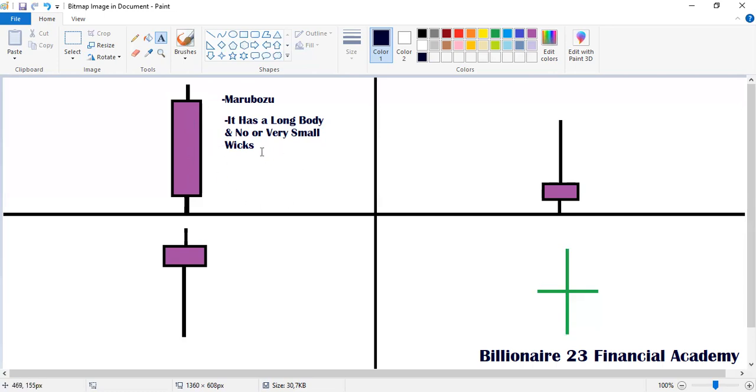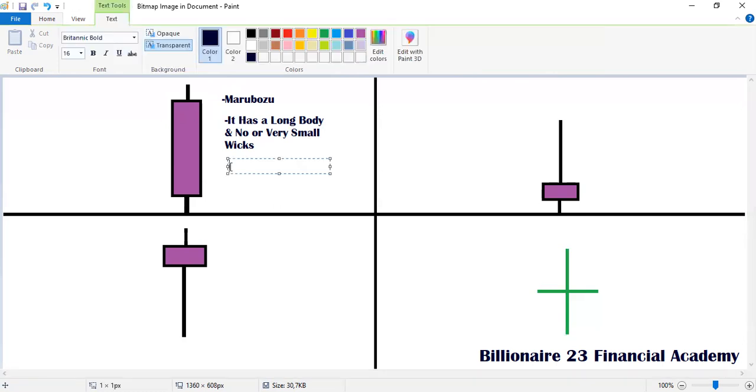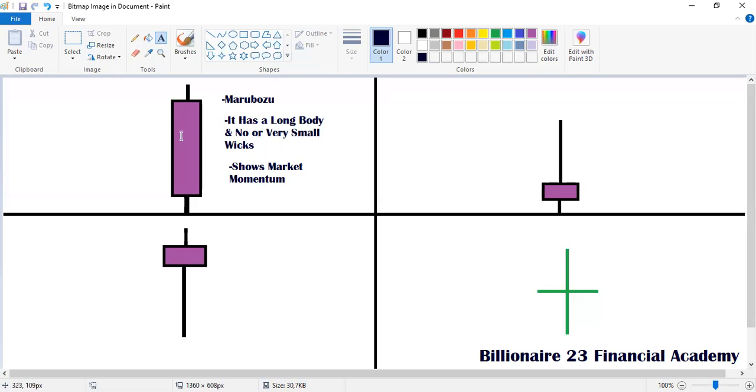Whenever it occurs, it shows that the market has momentum. It can be bullish, it can be bearish. This applies the same.